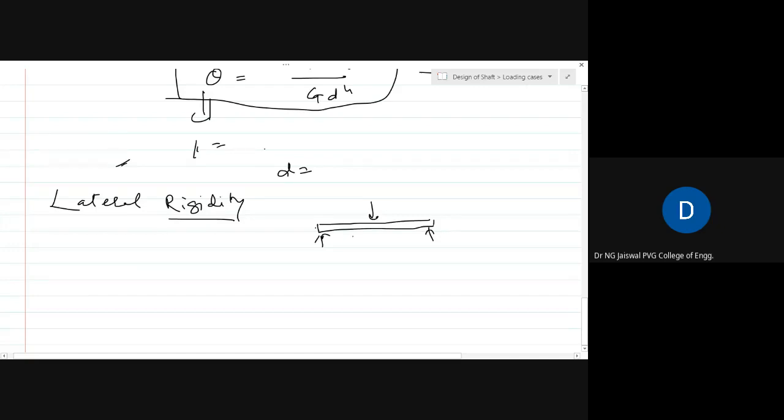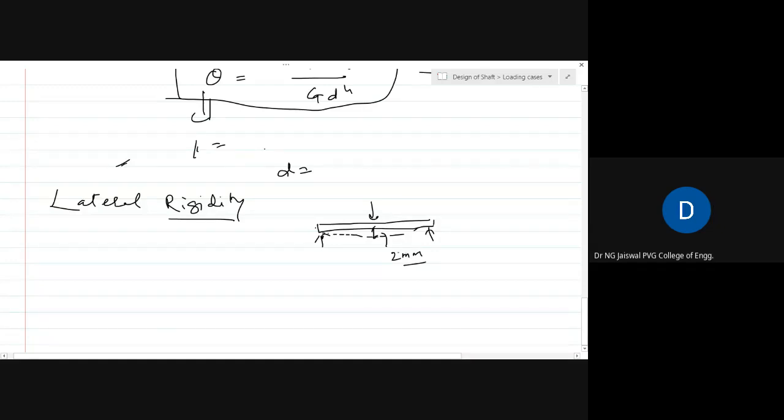And your consideration is not whether the induced stress is less than permissible or not. This is not your criterion. Your criterion is the maximum deflection, that the deflection is, say, not more than 2 mm.